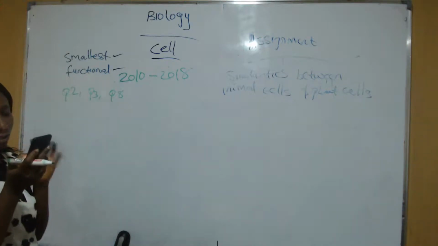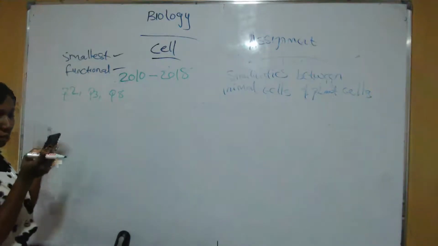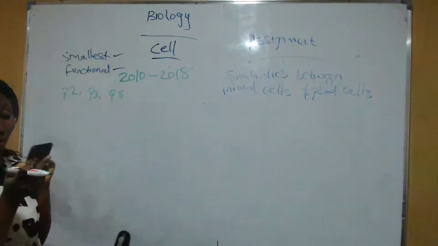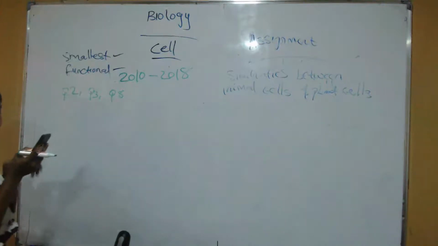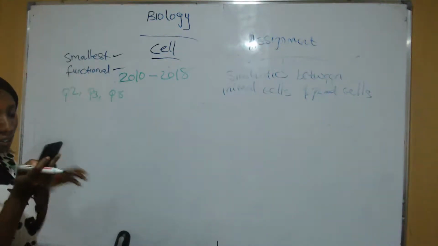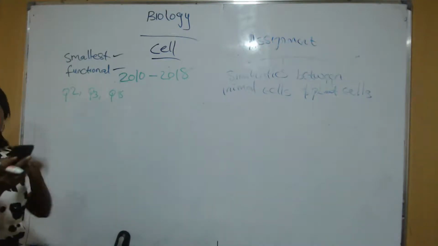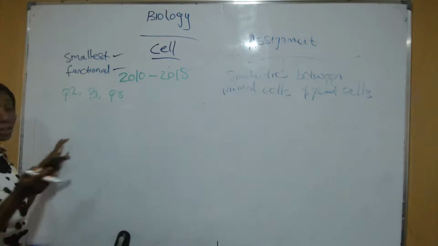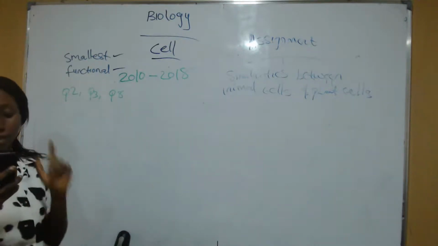Now, option B, the nucleus is pushed to the center of the cell. No, this is not the answer. Also, option C, the cell wall is made up of cellulose. I did mention it earlier, in a plant cell, the cell wall is composed of cellulose.